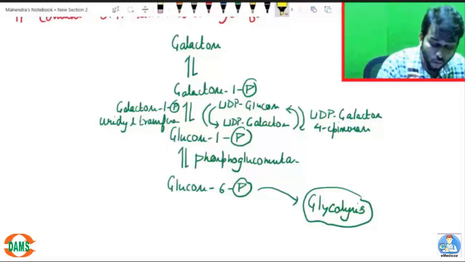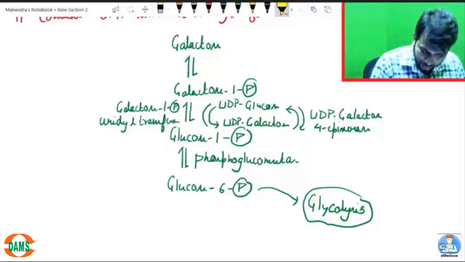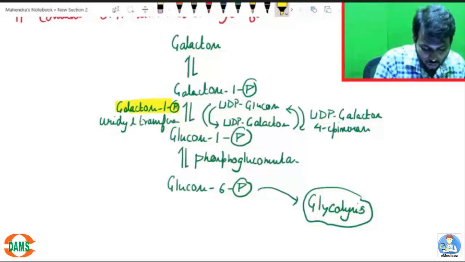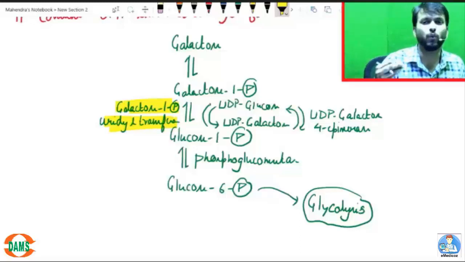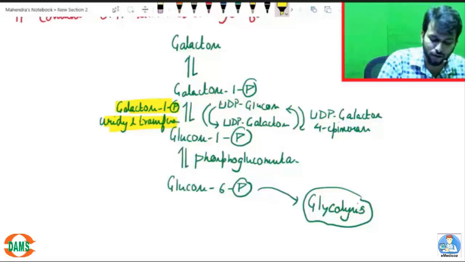First, the most important point here is the enzyme galactose 1 phosphate uridyl transferase, which helps in the conversion of galactose 1 phosphate to glucose 1 phosphate, with subsequent conversion of UDP glucose to UDP galactose.